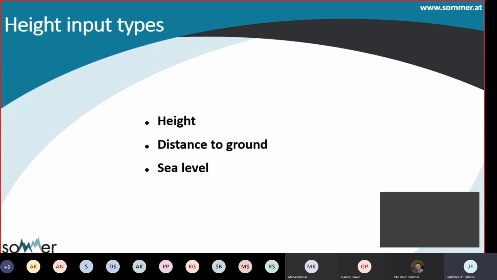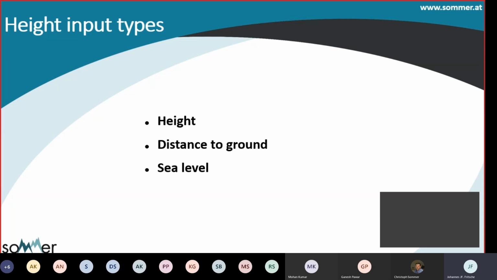This is also depicted in the Q Commander software, and it has 3 different designations: height, distance to ground, and sea level. You will see in another training tomorrow where you find these settings and how to select the different types of input methods.